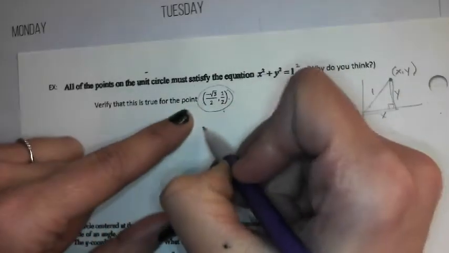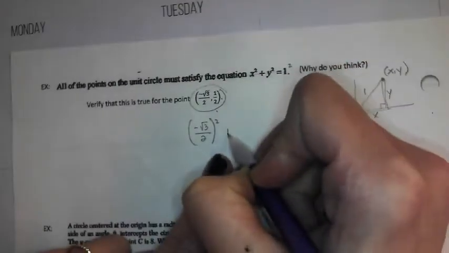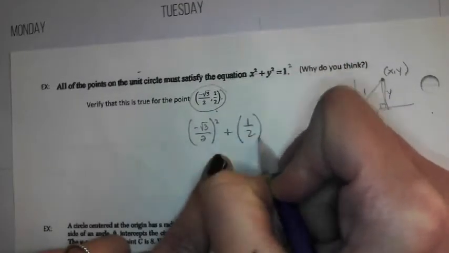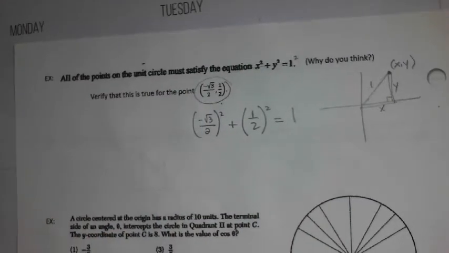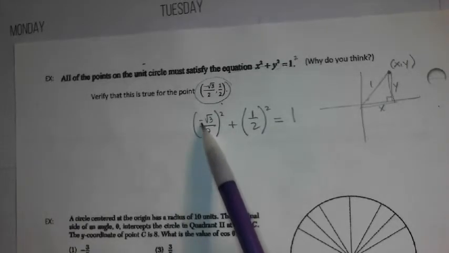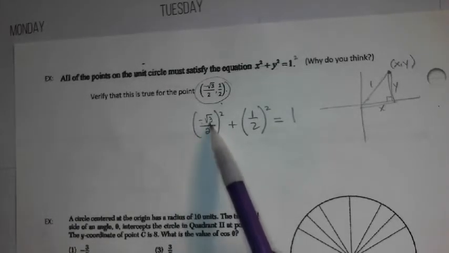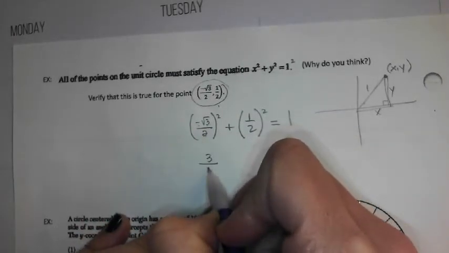Take the x coordinate, negative root 3 over 2 squared, plus the y coordinate, 1/2 squared, is supposedly going to equal 1. When you square this, what's a negative squared, first of all? Positive. What's root 3 when you square it? And what's 2 when you square it?